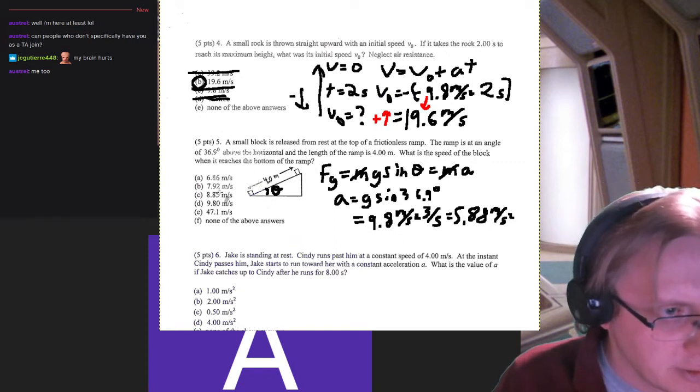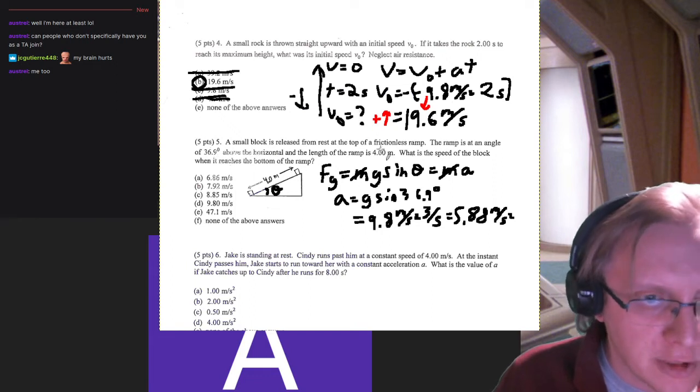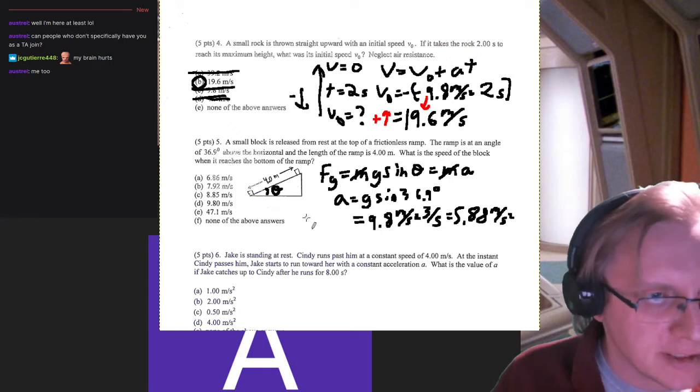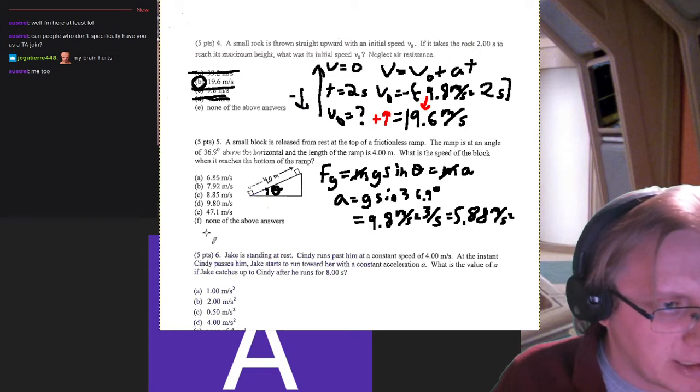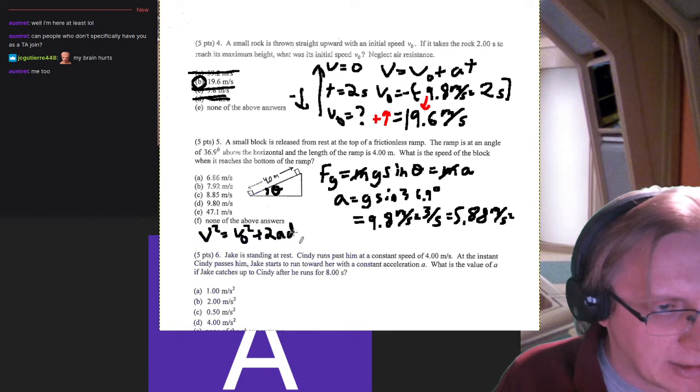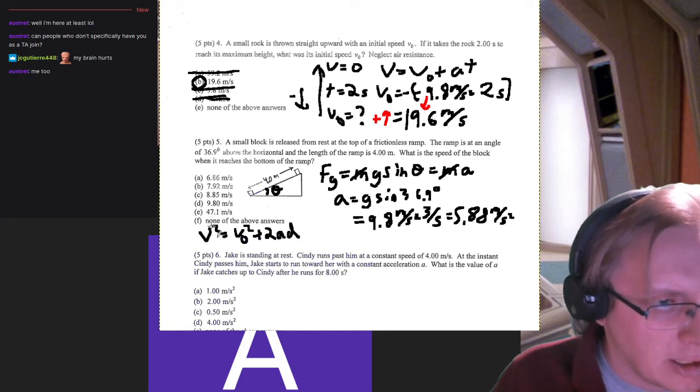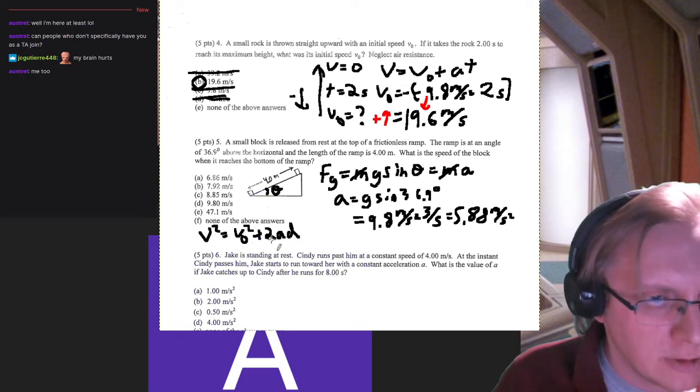We have acceleration, and we want to know the speed when it gets to the bottom. We have a distance, so we grab the equation I like to call the energy equation. V squared is equal to V naught squared plus 2AD. V is the thing we're looking for. V naught is 0.